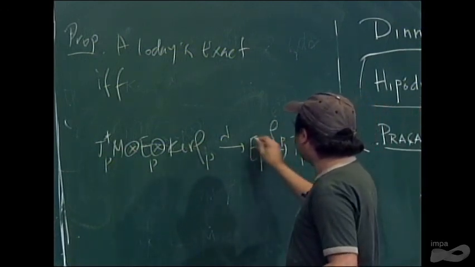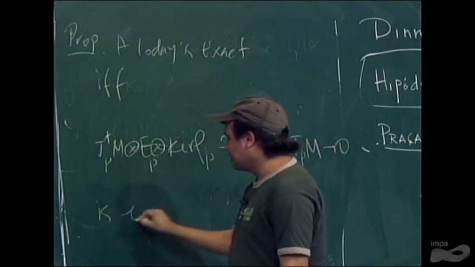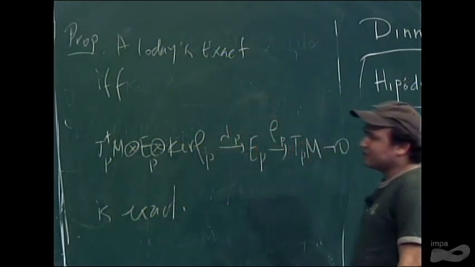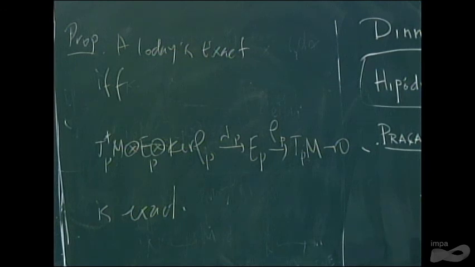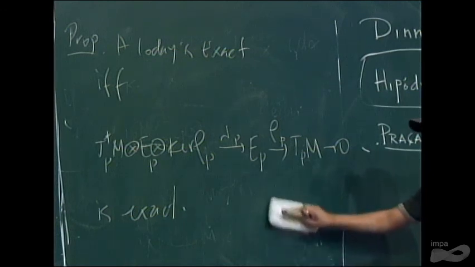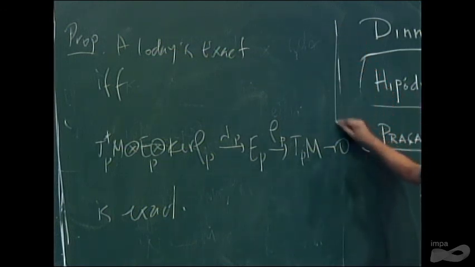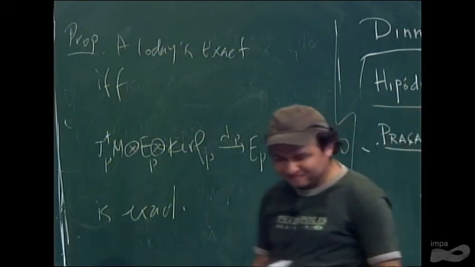This is the anchor. And then this recovers the definition of exact Courant algebroids. I don't have any more time to talk, so this is all. Thank you.